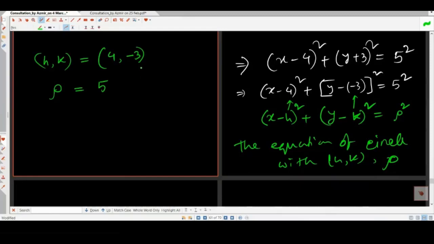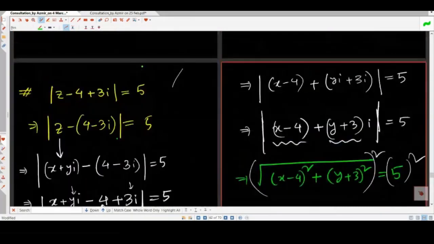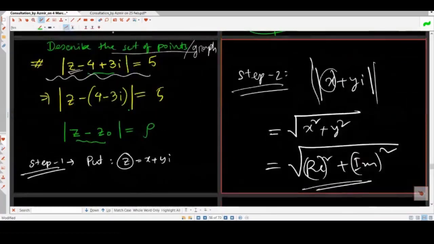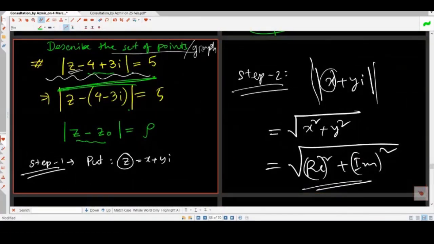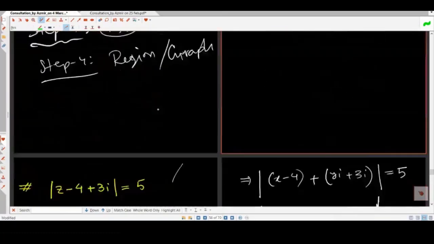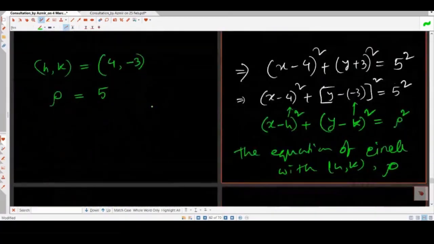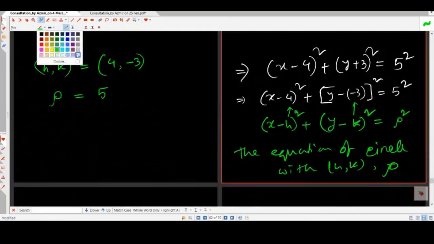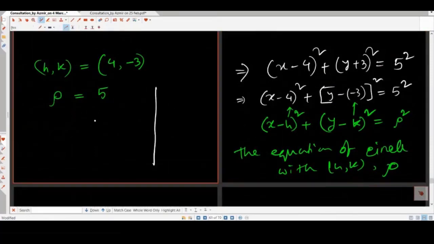So that means the expression that we have previously is actually denoting a circle. We can draw the circle easily. (4, −3): 1, 2, 3, 4, negative 1, negative 2, negative 3.